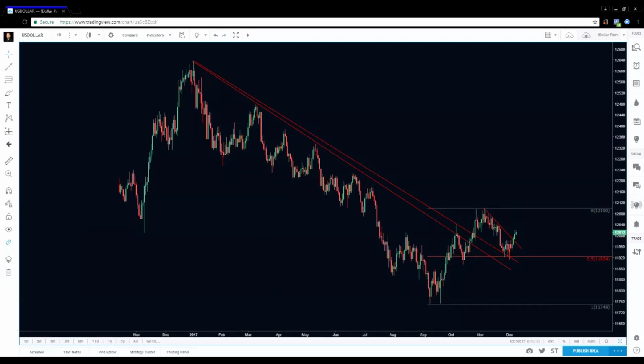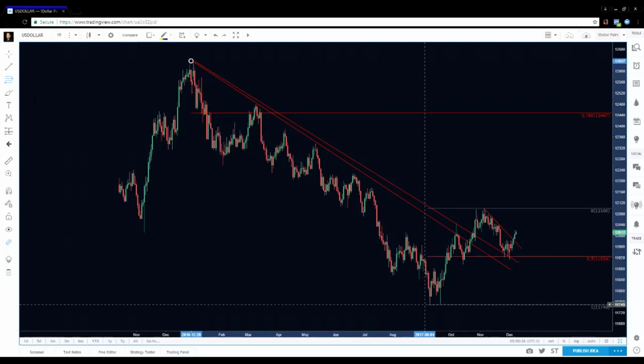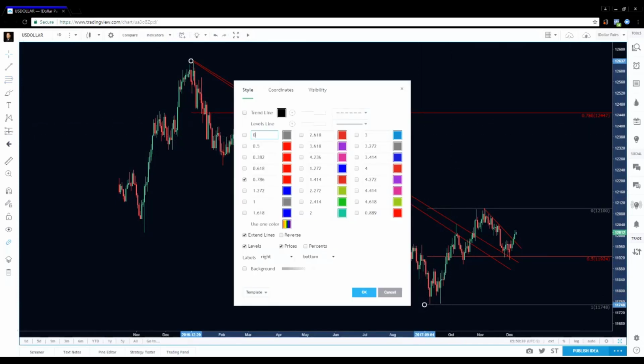And that also gives you an idea about what I'm looking for in the dollar index futures. Okay, so I'm going to measure this high to this low. You can see I have the 78.6 here, but I want to put the 61.8 and the 50.